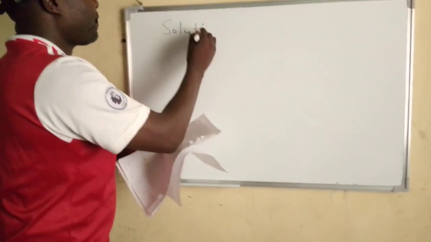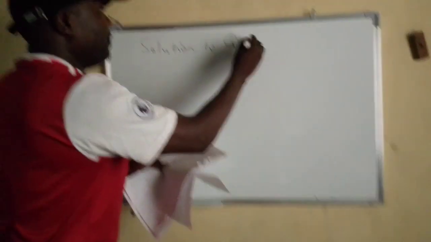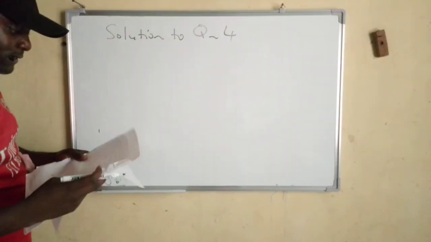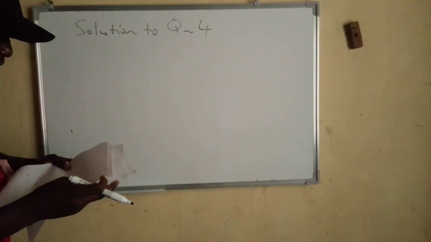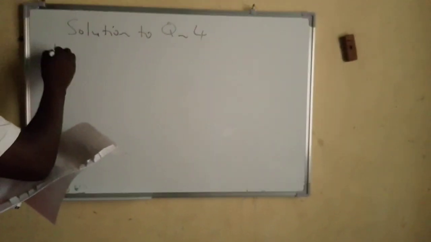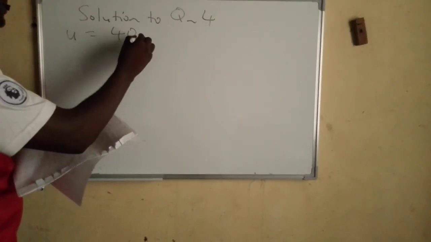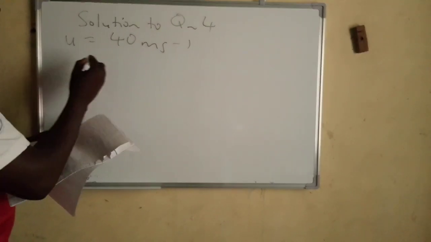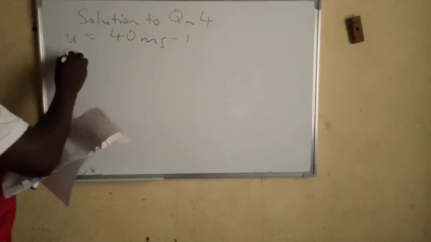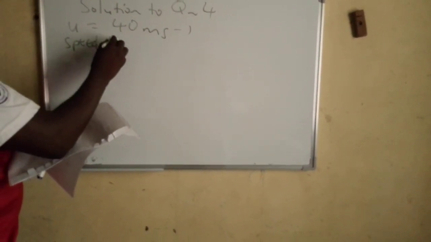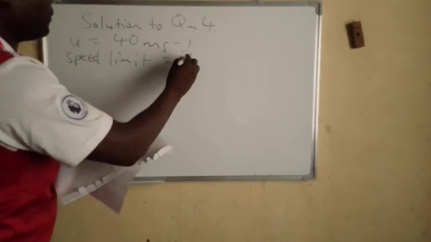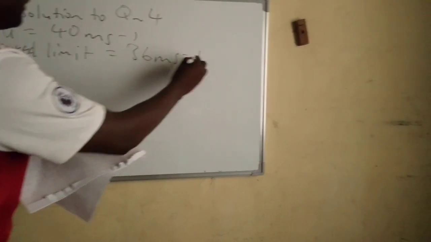Solution to question 4. The driver is driving at 40 meters per second and sees a speed limit sign. So the initial speed is 40. The speed limit is equal to 36 meters per second.